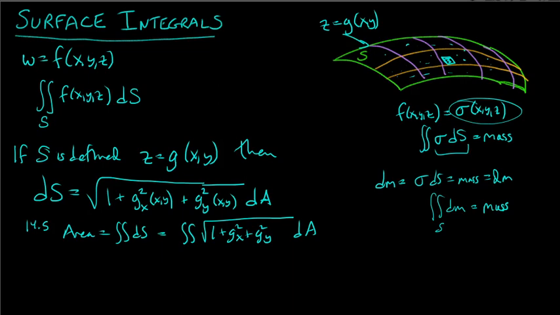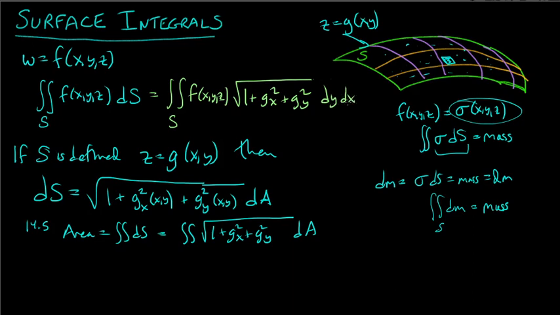Now if you want the surface integral, like let's say we want to calculate the mass, we have to calculate this as the double integral over the surface S of the function f times the square root of 1 plus g_x squared plus g_y squared, times dA, which is dy dx or dx dy, depending on vertically or horizontally simple region.